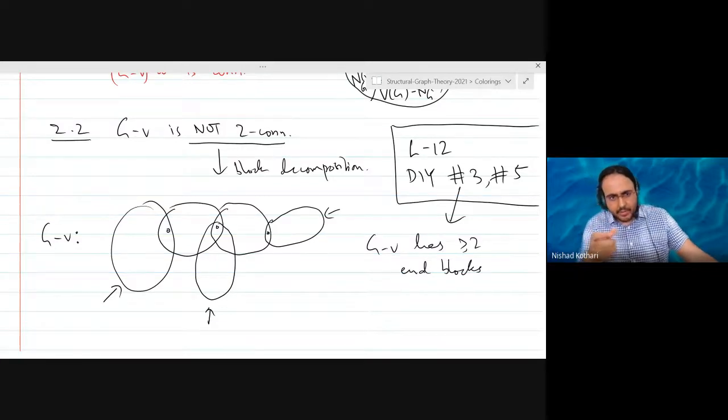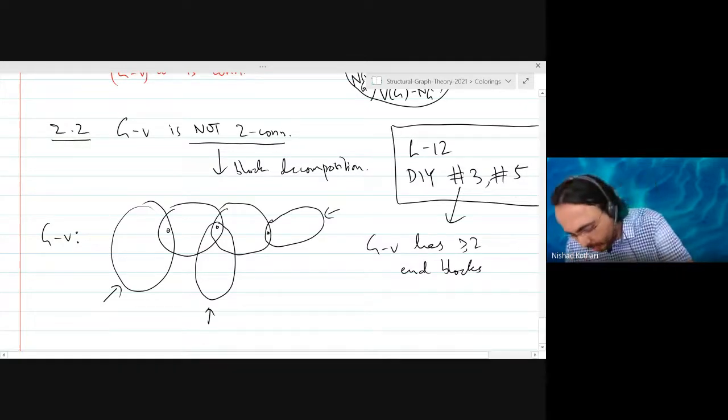So we have a vertex V. We have a graph that is two connected. We removed one vertex V, and now we have a graph that is not two connected. That is something we had explored in problem number 5.